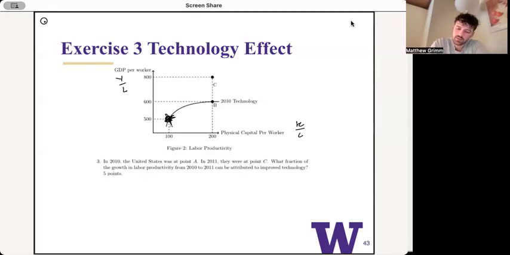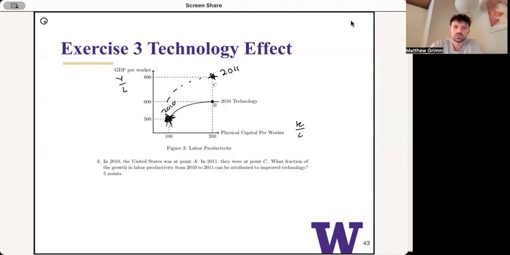In 2011, they were at point C. So this is 2010 and 2011. We jumped up to this point up here. What fraction of the growth rate in labor productivity from 2010 to 2011 can be attributed to improved technology?